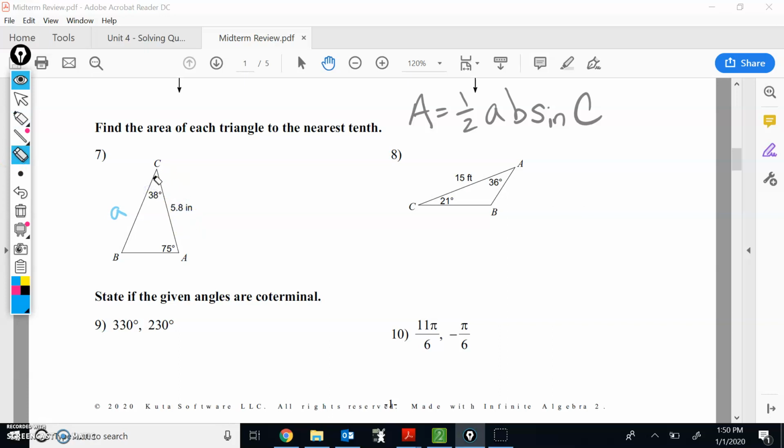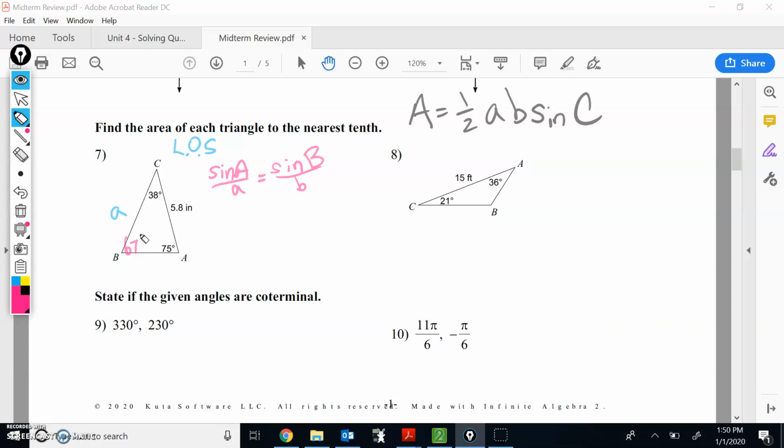And to do that, we're going to use the law of sine to find A. And the law of sine is sine A over A equals sine, and I can pick, let's do B, sine B over lowercase b. And we do know angle B in this case because we can do 180 minus 38 minus 75, and we'll get 67 to be B.